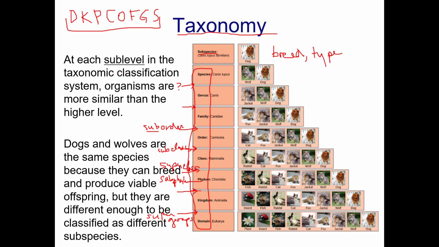So don't be too surprised if you see it. All right. But I do need you to know these in order, because then you have a concept. If you see something that is a subphylum, you know it's below phylum but above class. So you can then take those new groups that you see and you can put them into the context of the framework that you already have learned.